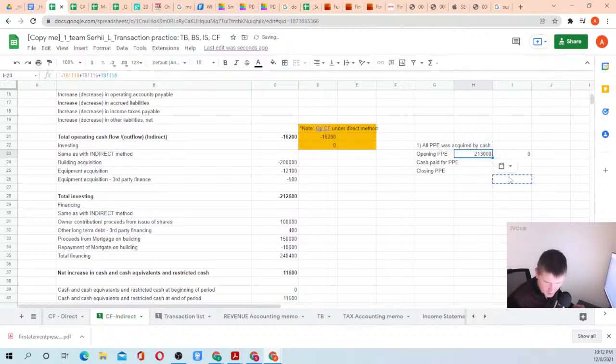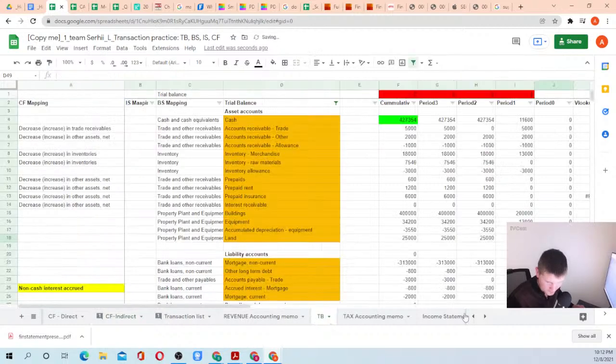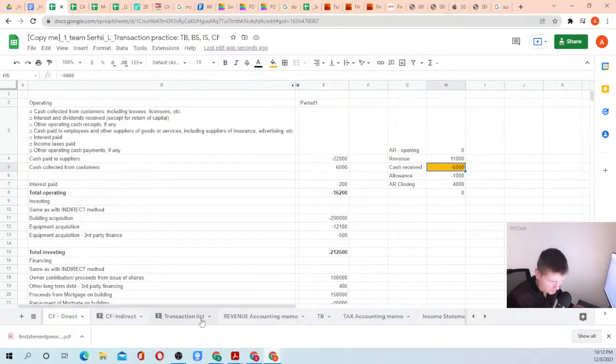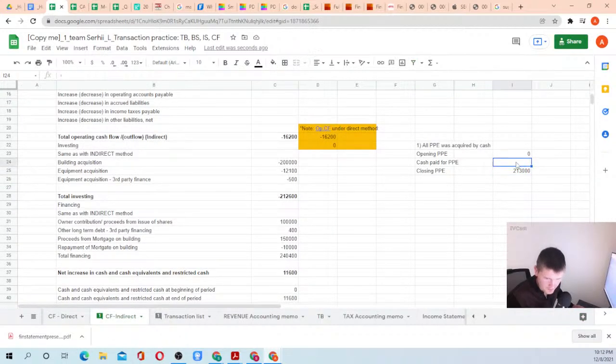And this will be our closing amount. So gross PP&E, 213,000. Okay, so our cash paid for PP&E will be just all of that.